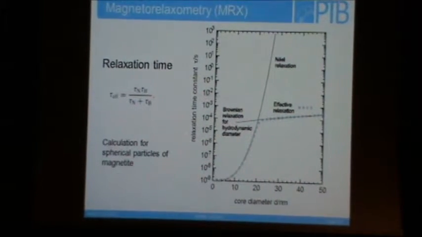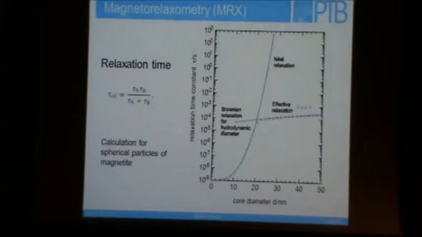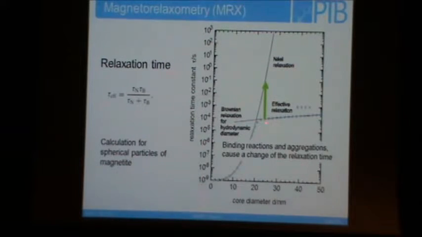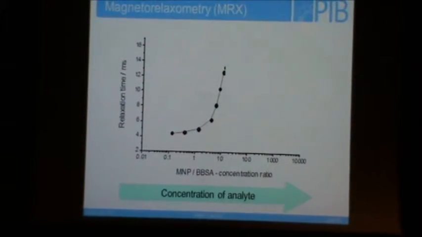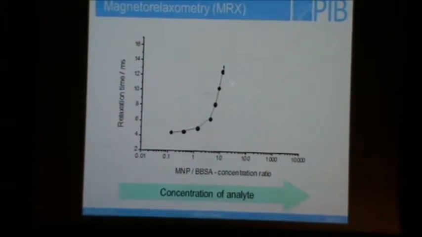And from such a process, we can see a change from these two relaxation behaviors. This is the Brownian curve, this is the Néel relaxation curve of the relaxation time as a function of diameter. And a change in the mobility may have a dramatic effect on the relaxation time that can be observed, as we show in this example, where we see, as a function of concentration of the analyte in the special medium, a dramatic increase with the concentration of nanoparticles that goes down again.